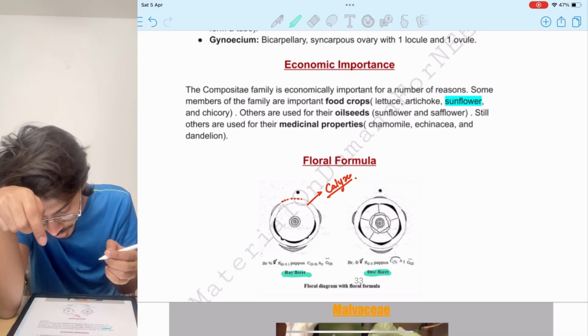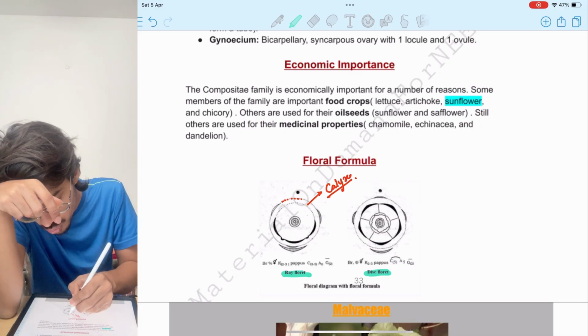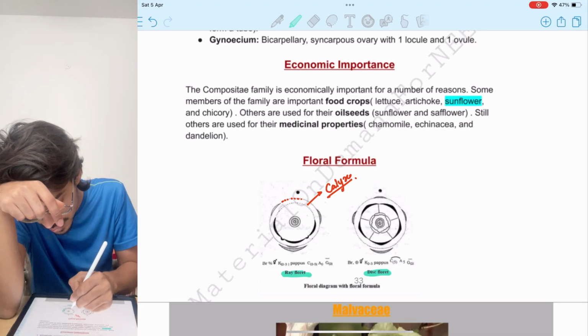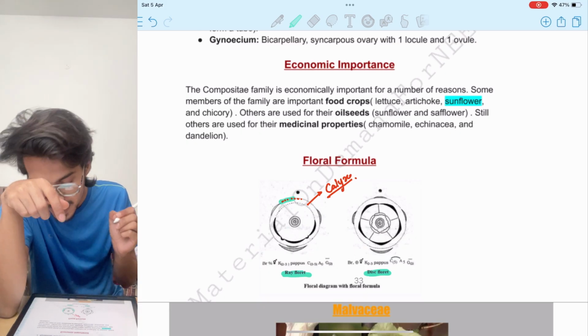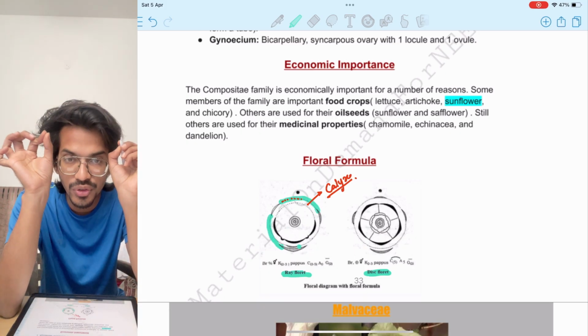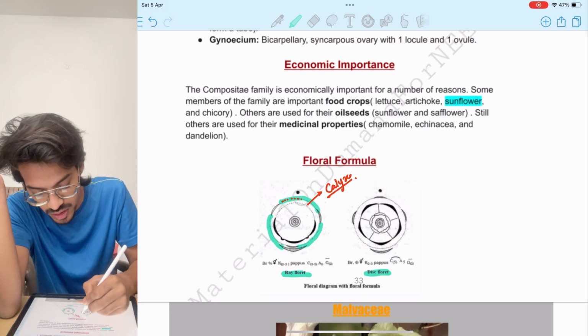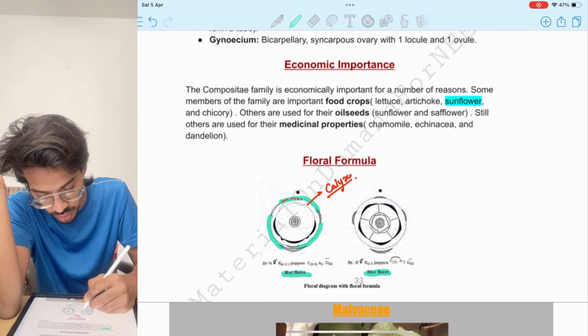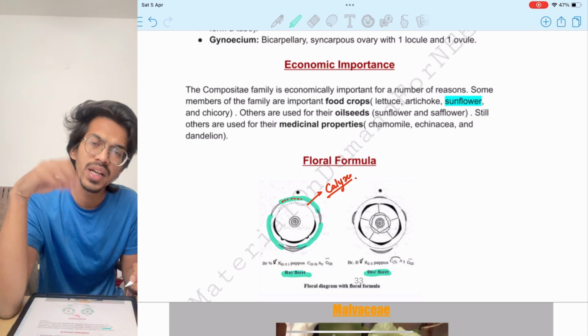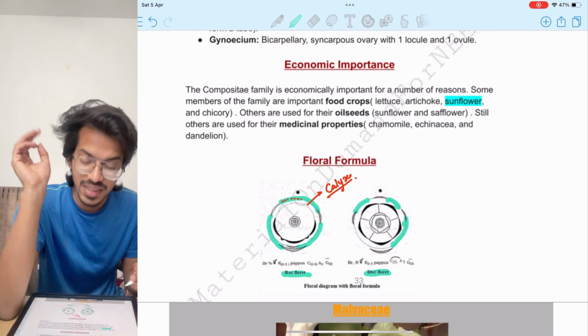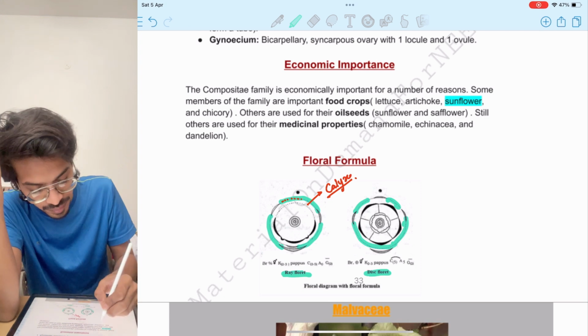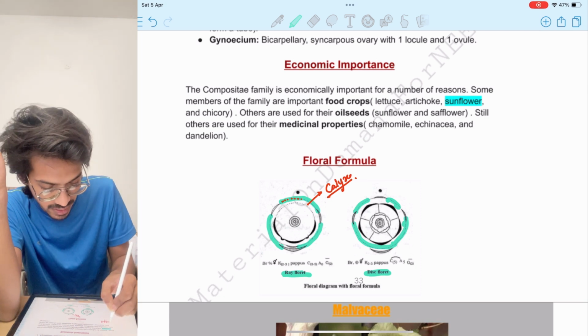If you see the outermost structure of the ray floret, there are certain dot-like things present, not just in the ray floret but in the disc floret also. It is representing the presence of pappus. What is pappus?